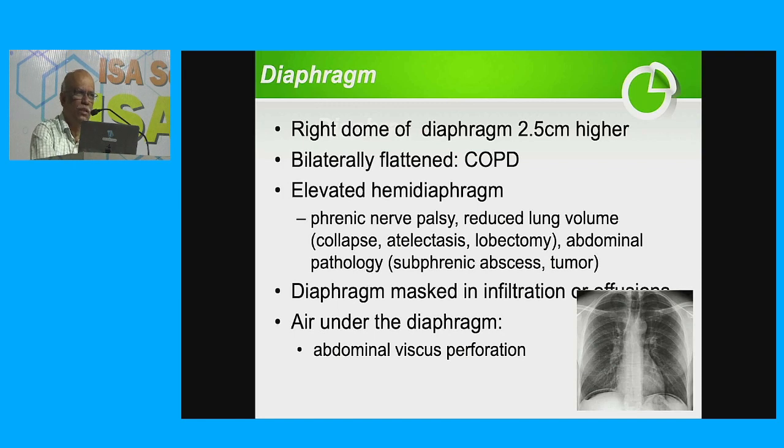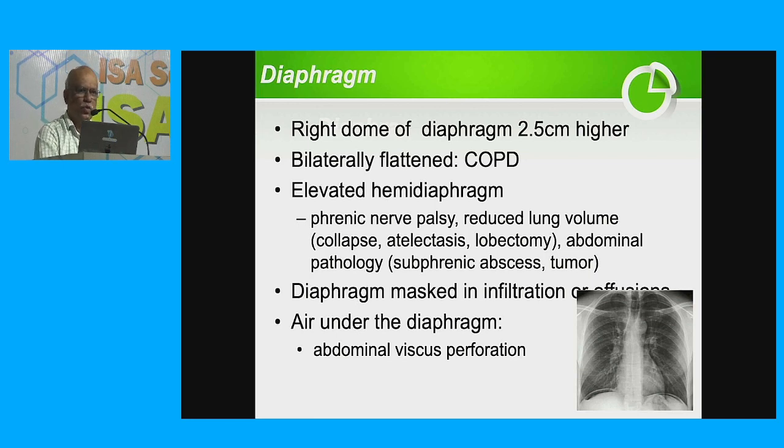So after the lung fields, next I go for the diaphragm. There is no rule that you should go this way. This is my own way which I have adapted in describing. So for the diaphragm, normally which diaphragm is higher? The right diaphragm, because of the liver.